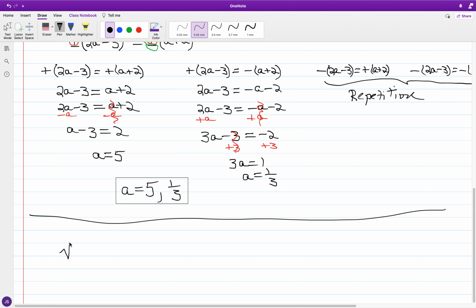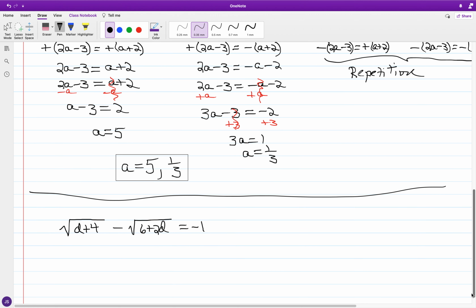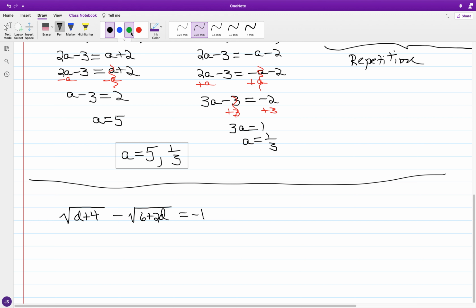So we have the square root of d plus 4 minus the square root of 6 plus 2d is equal to negative 1. Now for this one, I can isolate either of these two radical expressions. In this case, I'm just going to isolate the square root of d plus 4.